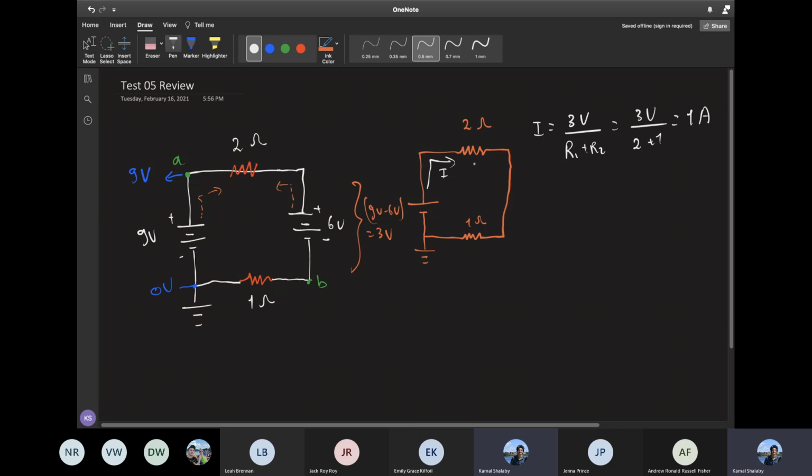Okay, so if the current is 1 ampere, then you can easily find the potential difference around this resistor. The potential difference, delta V, is equal to the 1 ampere multiplied by the 2 ohms resistance, so it will be 2 volts.